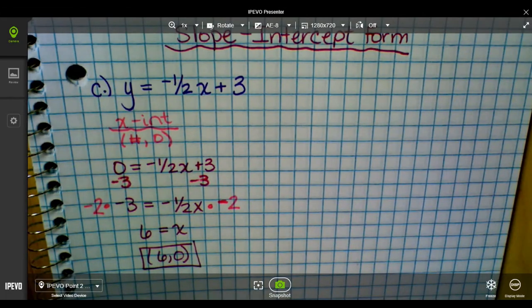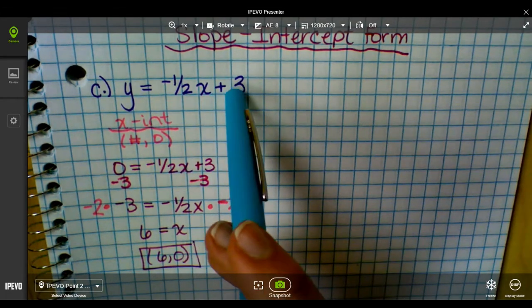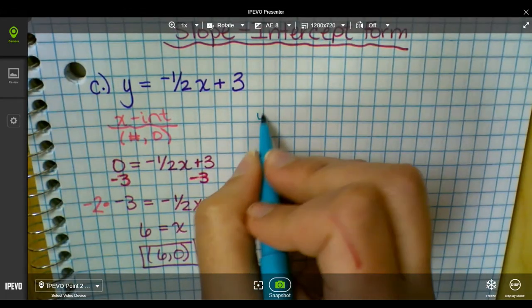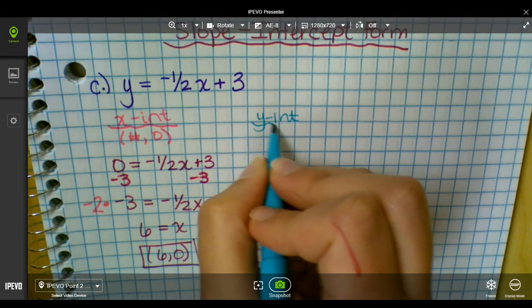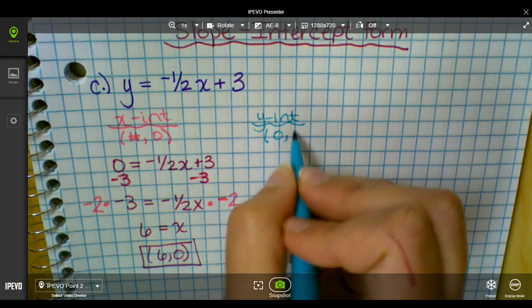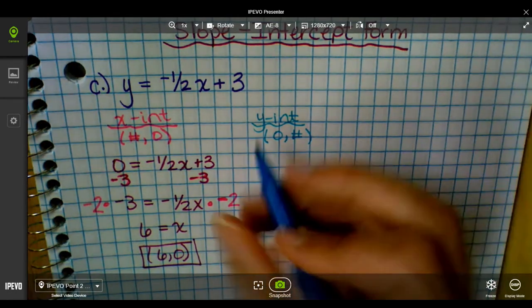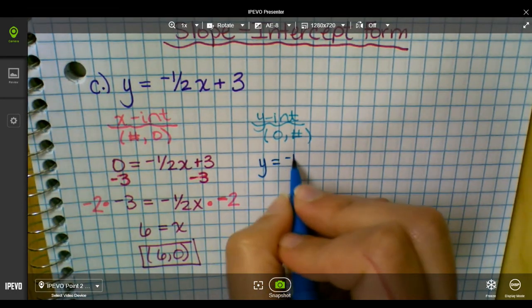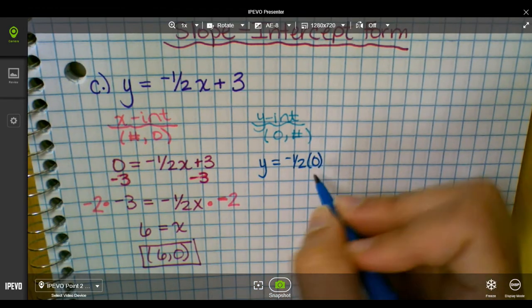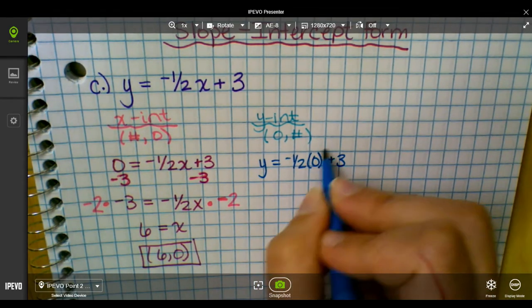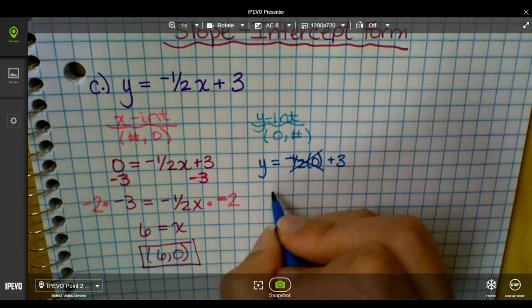Now that's a little bit of work, which is usually why we just graph using the different way. But the y-intercept for these is not that much work, because now I'm plugging in 0 for x and solving for y. What happens when I plug in 0 for x? y equals negative 1/2 times nothing plus 3. Again, this whole term is going to go away.